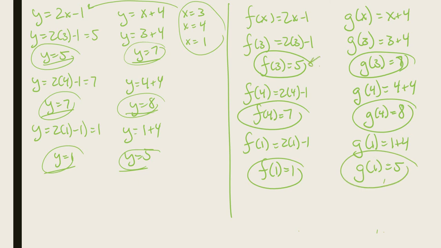This gives me a whole lot more information. Not only does it tell me which function I plugged into, f of x or g of x, as opposed to these are all just y equals, it also tells me what I plugged in. The function f, evaluated when x is 3, is 5. The function f, evaluated when x is 4, gives me 7.